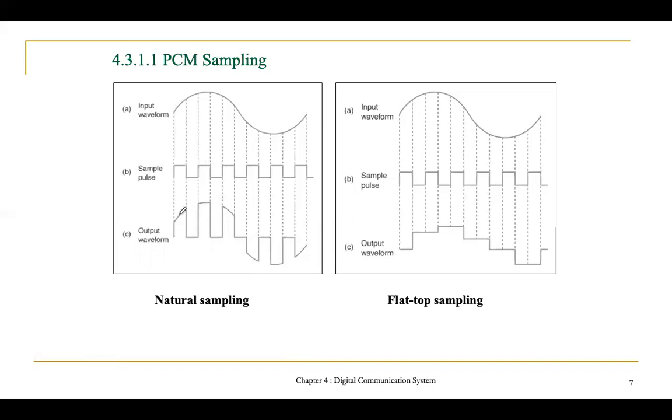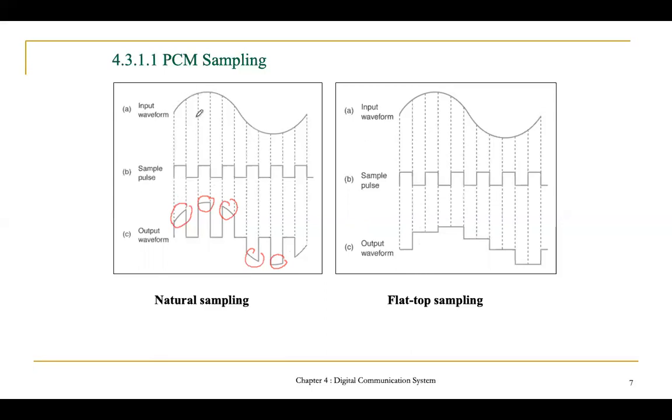This is natural sampling, meaning the top of these pulses follows the shape of the input waveform. And this is flat top sampling. If you look here, in the flat top sampling, the top is flat.